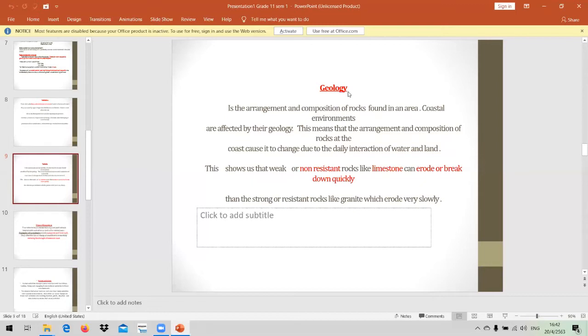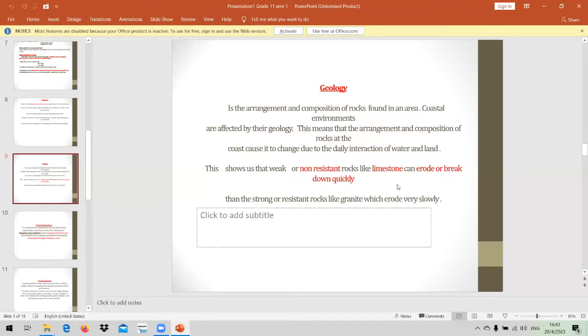How the rocks are arranged and composed in an area affects its coastal environment. This means that the arrangement and composition of rocks at the coast cause it to change due to the daily interaction of water and land.